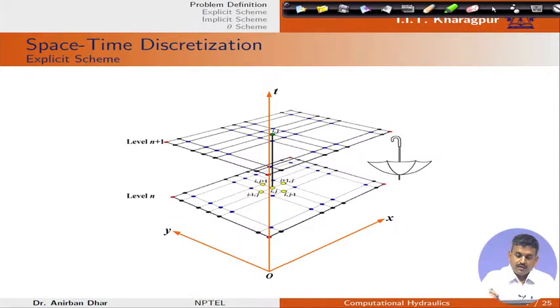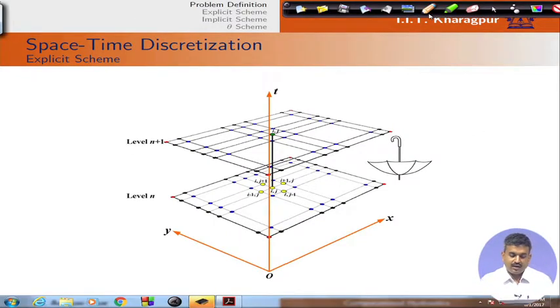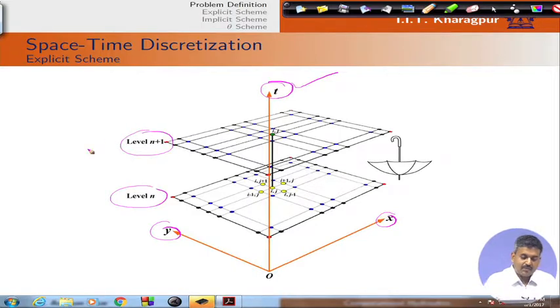So, with an extra dimension, we can define it on another axis t. This is x, y, and this is our t direction, that is time direction. So, at each time level we need to discretize our domain in spatial directions. So, this is level n, this is level n plus 1, and we are in explicit scheme.